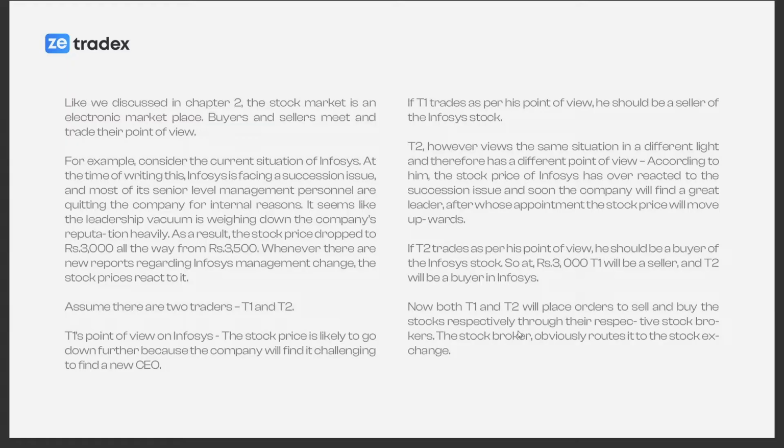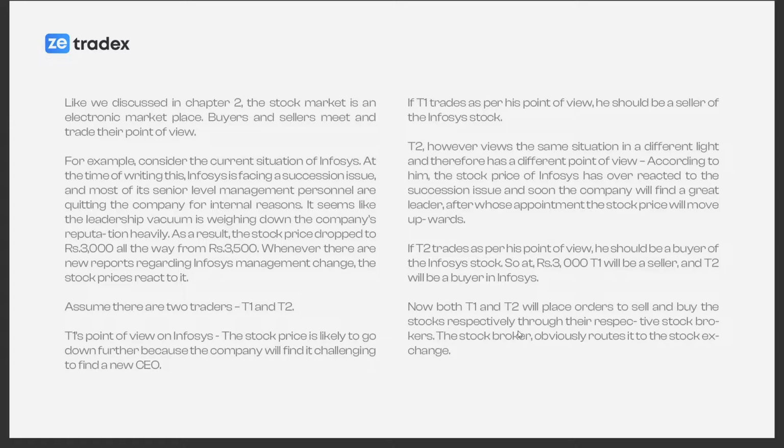Infosystem is facing a succession issue, and most of its senior level management personnel are quitting the company for internal reasons. It seems like the leadership vacuum is weighing down the company's reputation heavily. As a result, the stock price dropped to 3,000 rupees all the way from 3,500 rupees.